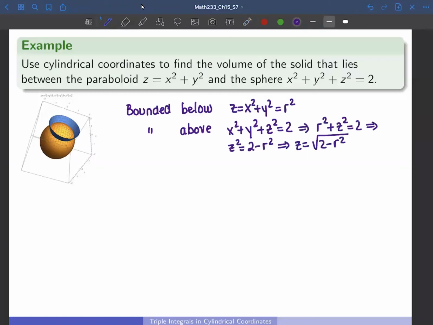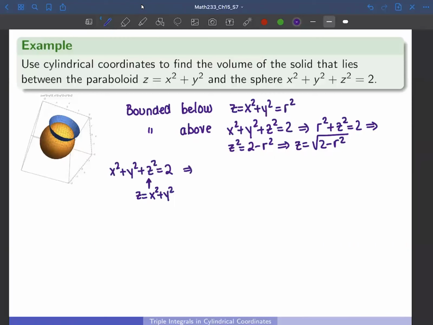We also need to find the curve of intersection between the sphere and the paraboloid, and to do that, starting from the equation of the sphere x squared plus y squared plus z squared equals 2, we substitute z with the equation of the paraboloid, z equals x squared plus y squared.